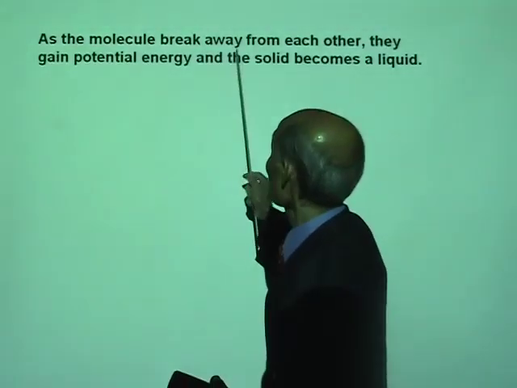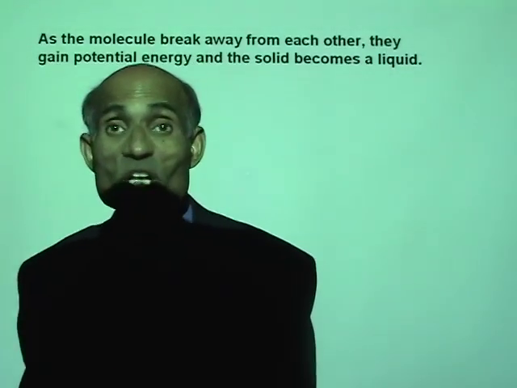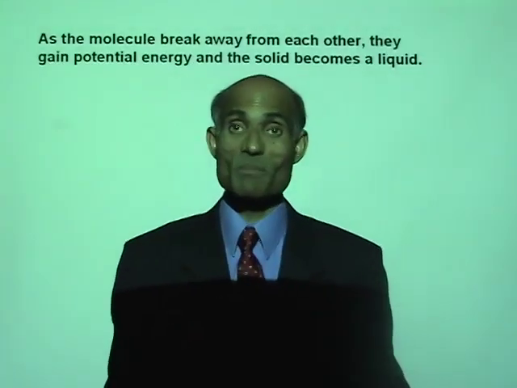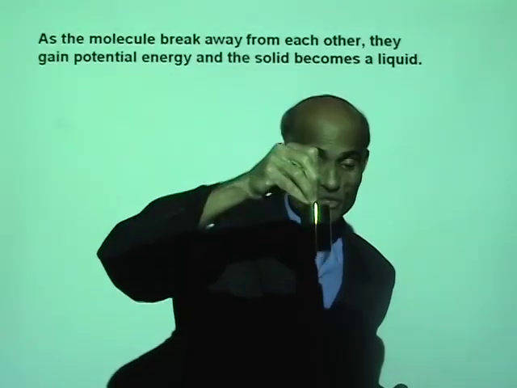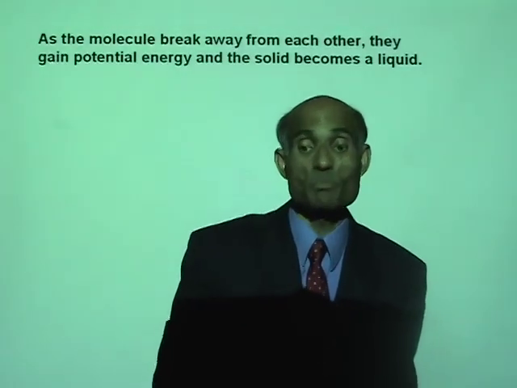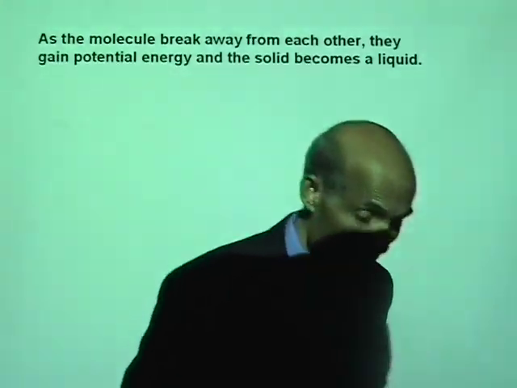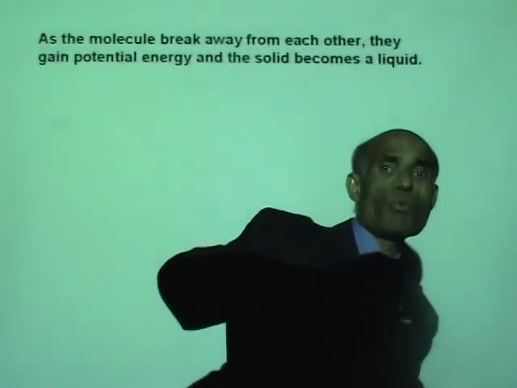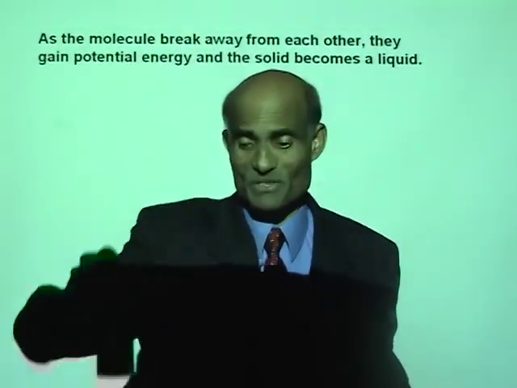So as the molecules break away from each other, they gain potential energy. Now you remember I told you in the last class, if an object is on the ground, its potential energy is the least. If I move an object away from the ground, its potential energy increases.